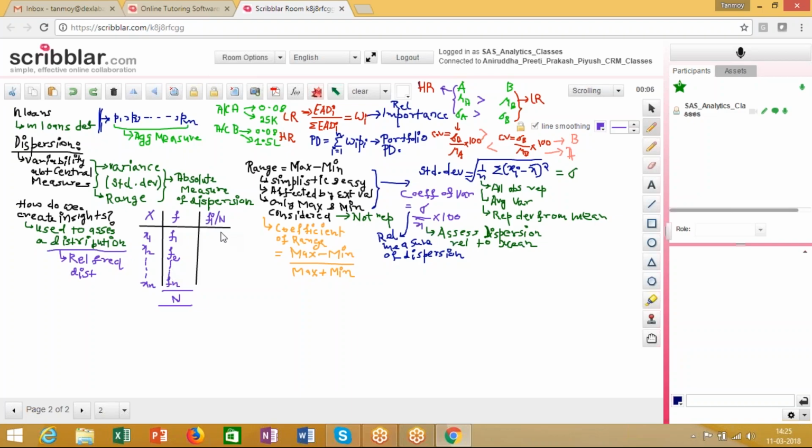After that, what I come to is the relative frequency distribution: f1 by n, f2 by n, and fn by n.